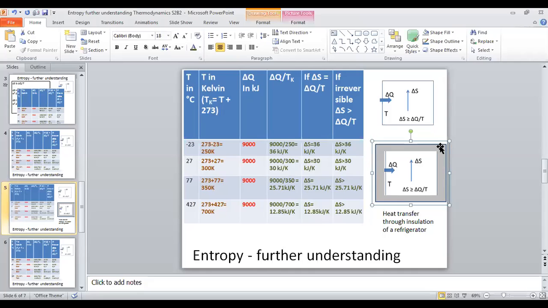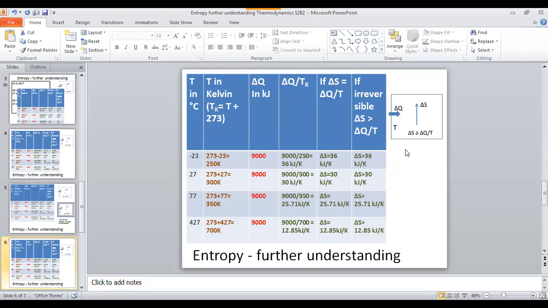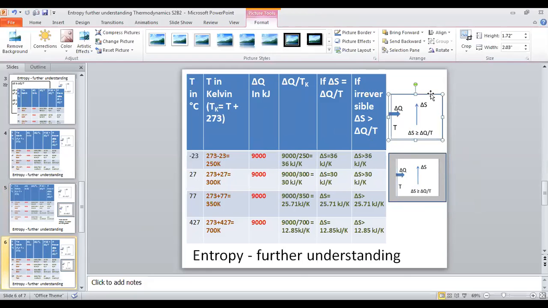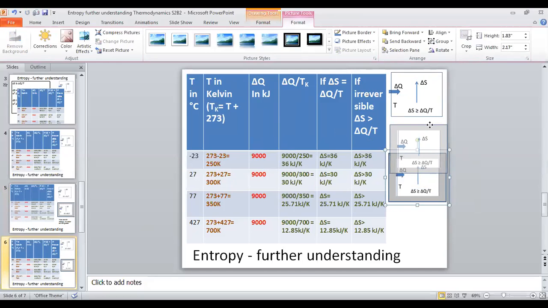Very interesting. So you have to link. That is what we call understanding thermodynamics, understanding entropies. Let's see. Now the situation is different.